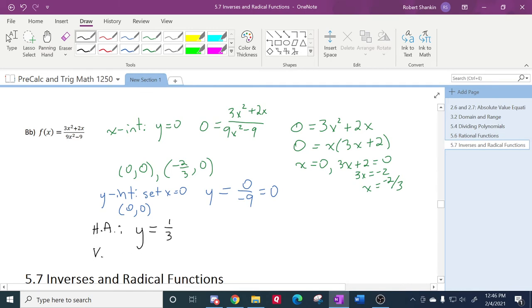The vertical asymptote. You set your denominator to 0. Factor that.